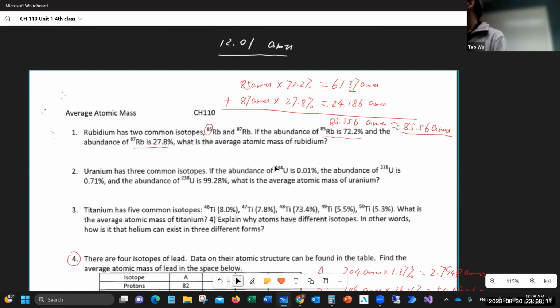But if the question does tell you the mass of each atom, then just use the mass of each atom. You don't have to use the mass number. Again, the reason we're using the mass number is because the question didn't show us the exact mass for each of the atoms. That makes sense, right? Okay, yeah. All right, so this is the average atomic mass.